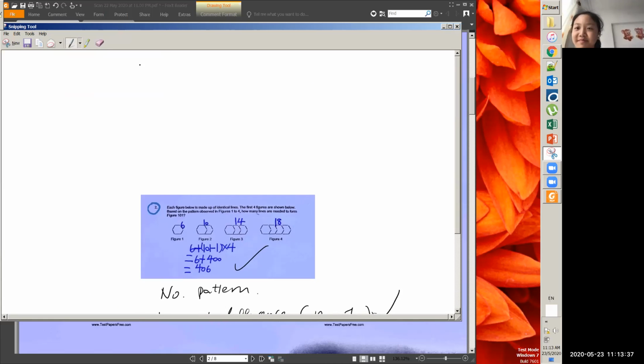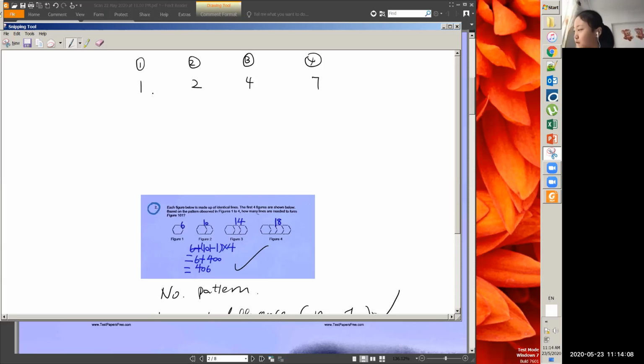What if you have, so this is your first, second, third, fourth, like 1, 2, and then 4, and then 7? Can you still use the formula to do this question? You can't, right? Why can you not use the formula?